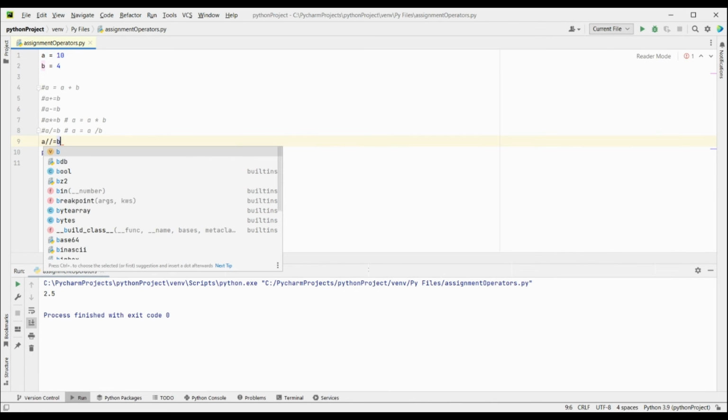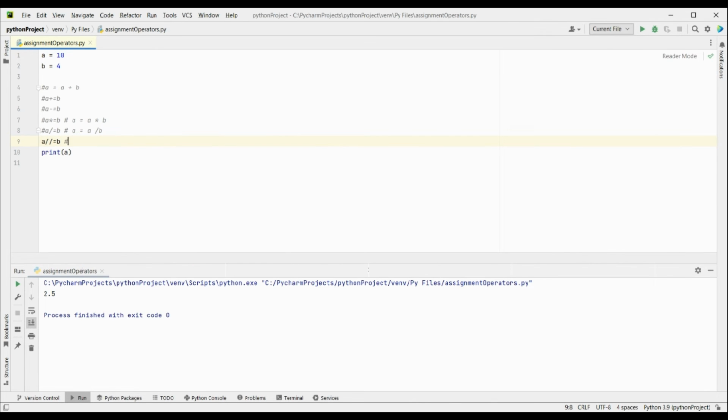Testing the double division operator as A double divide equals B. This is equivalent to A equals A floor divided by B. Double division returns the floor value or the quotient value on division. When executed, it prints the value of variable A as 2.